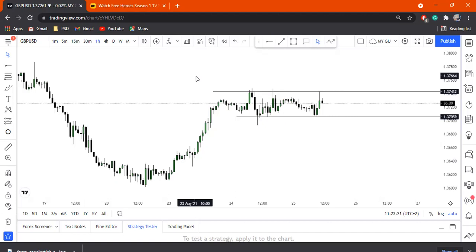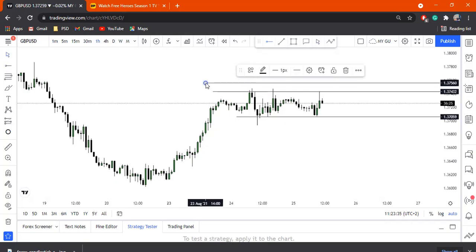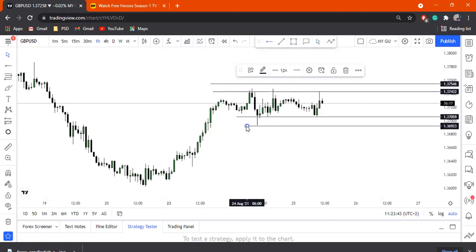When you put your high and your low for your range, you also want to highlight a 10 pip range that you need to watch out for. So we'll say around this area could be our 10 pip range, right? And then around this area could be our 10 pip range.